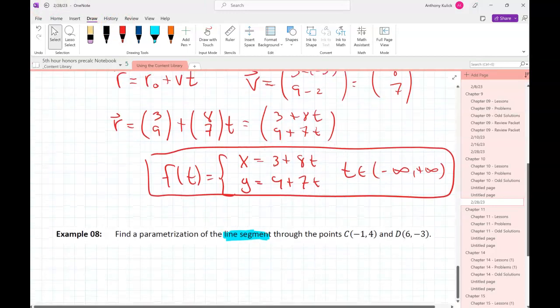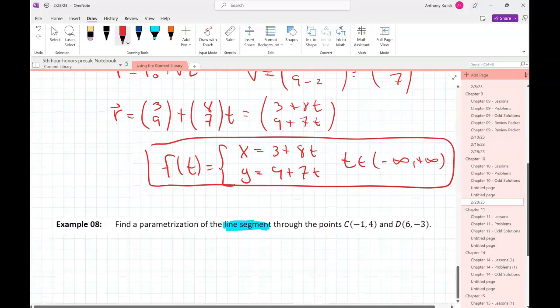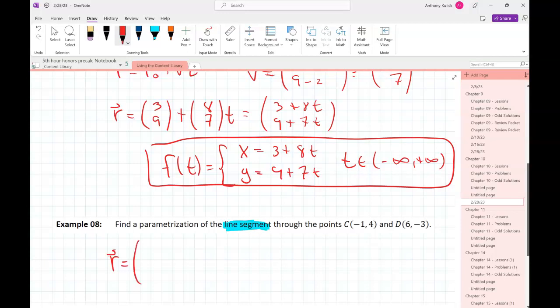Now we're going to start the same way. So we're just going to write our vector line equation. So (-1, 4) plus t times (-7, 7). So x is -1 minus 7t and y is 4 plus 7t.